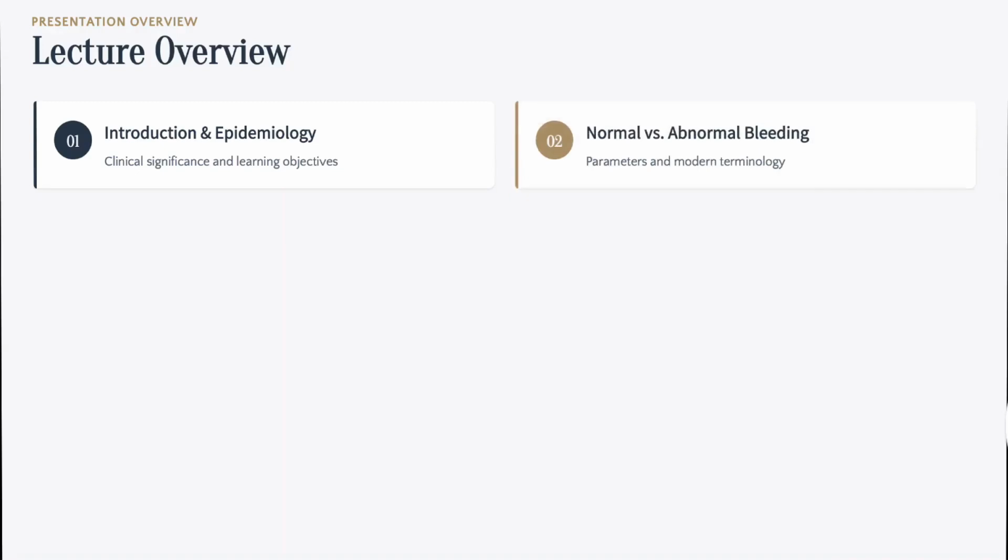We'll then establish what constitutes normal versus abnormal bleeding patterns using modern standardized terminology. But the core of our discussion will focus on the PALM-COEIN classification system. This is FIGO's brilliant framework that ensures we don't miss any potential causes.